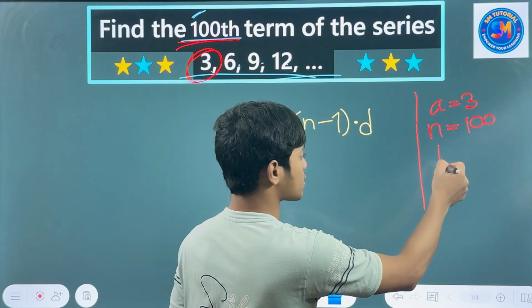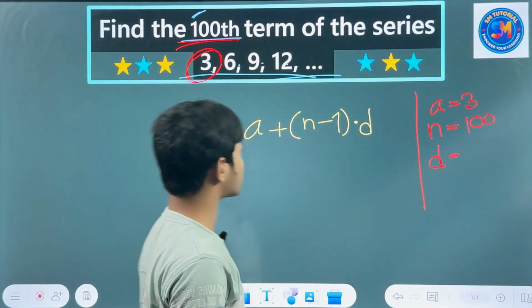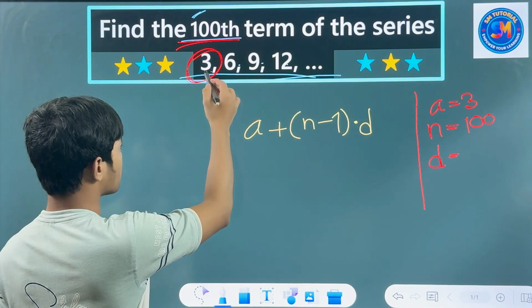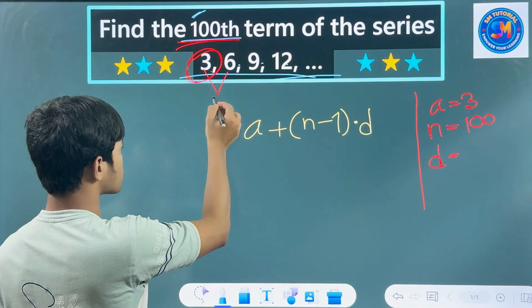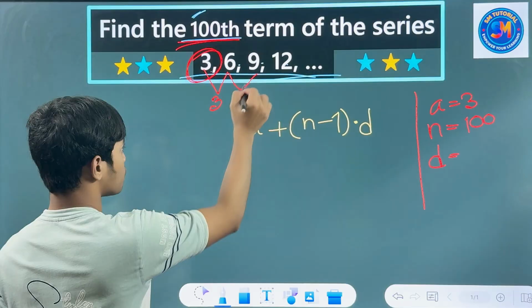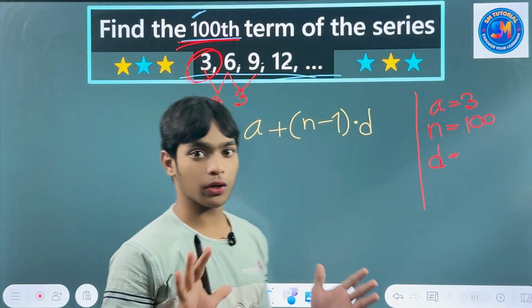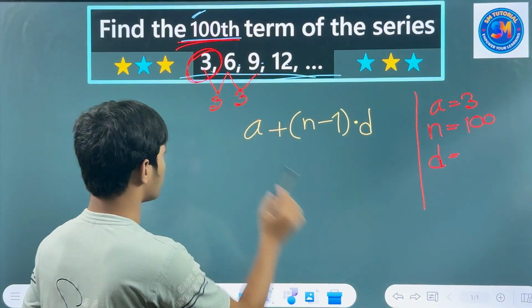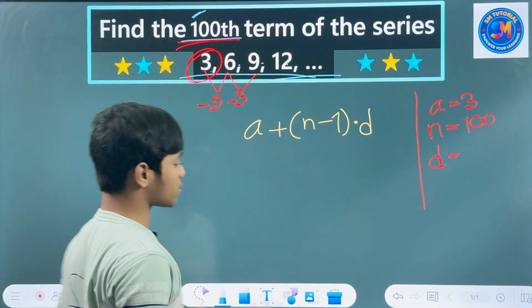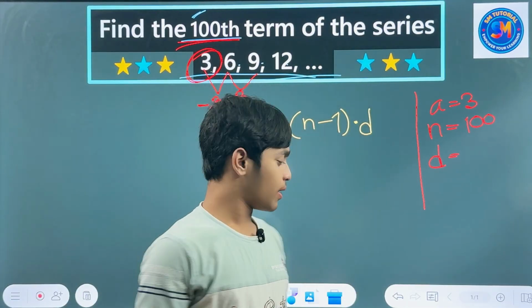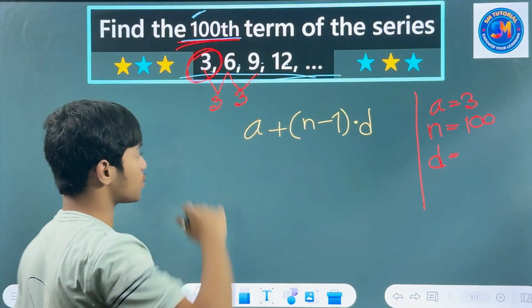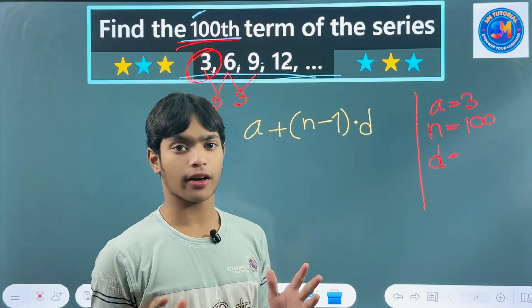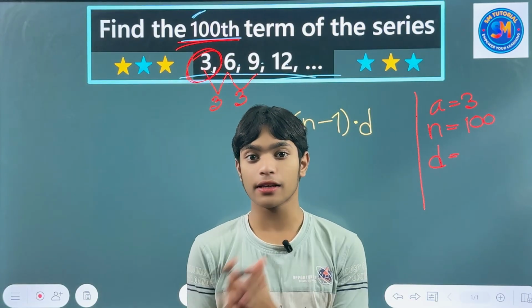So what is our difference? This is our series. If you want to find the difference, the difference is 3. Hey, wait, don't write that this is minus 3. This will be very wrong, because when you do this type of math, you subtract the last term minus the first term.